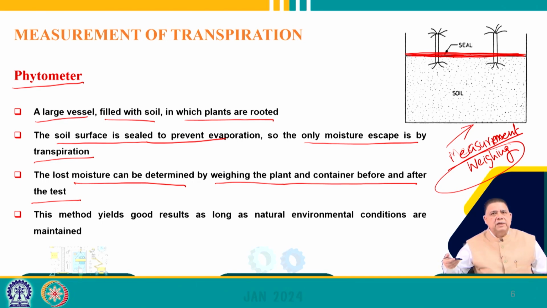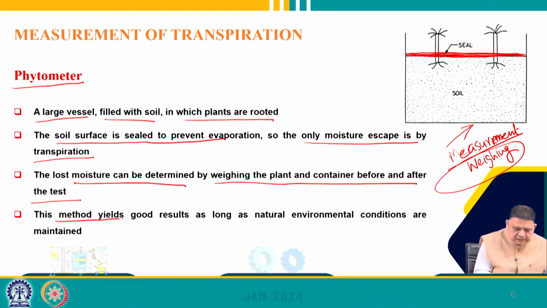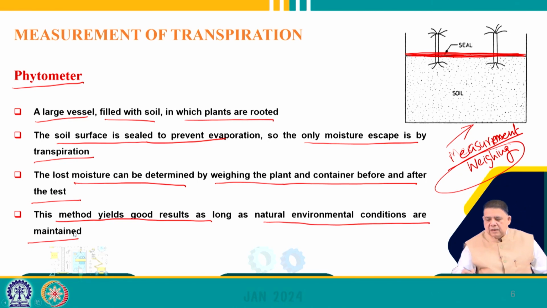We can convert that to the amount of water transpired through plants. This method yields good results as long as natural environmental conditions are maintained. That means if the air and temperature conditions are similar to natural conditions, you will get a good measurement of transpiration using this method.